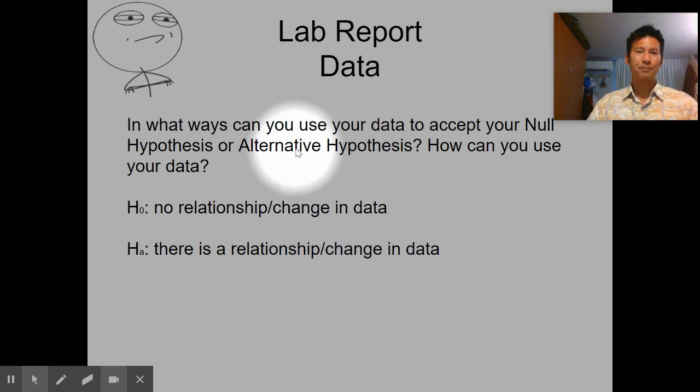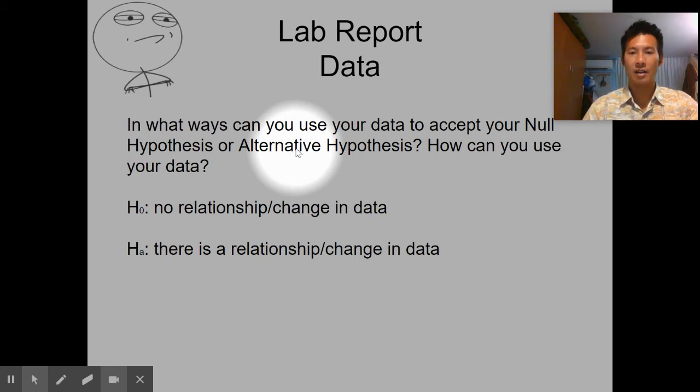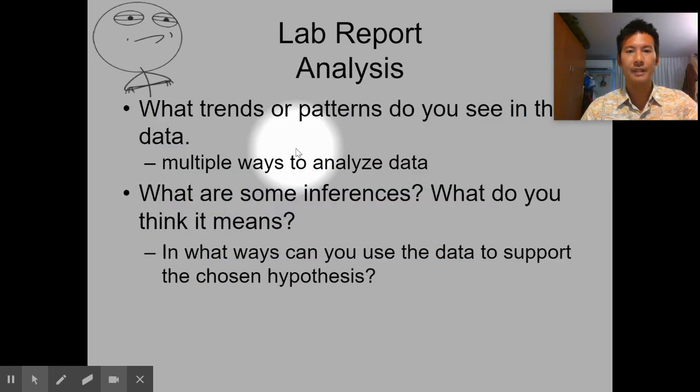Once you're done with the data section, you have an analysis section at the end. In your analysis section, you write down all the patterns and trends you see in your data. And you always refer back, because the data, the tables, that's the evidence that you will use.